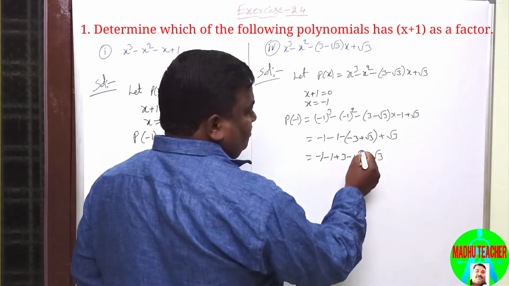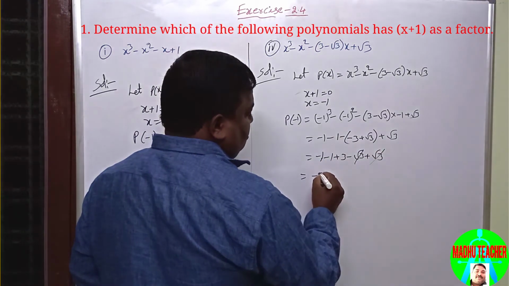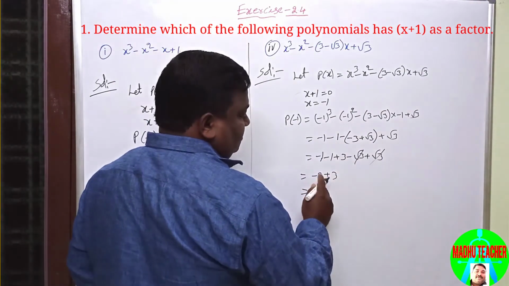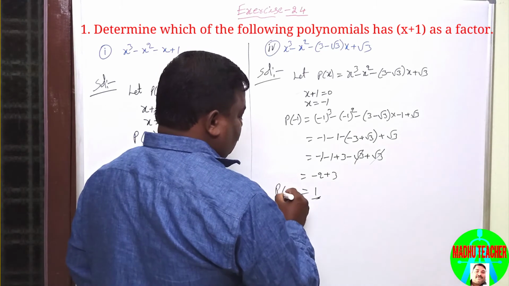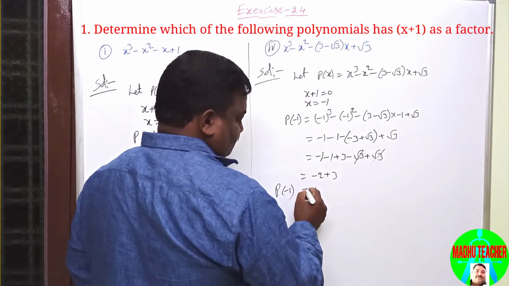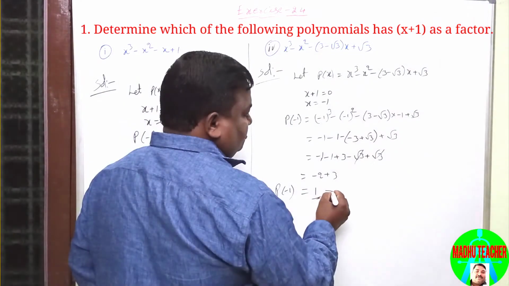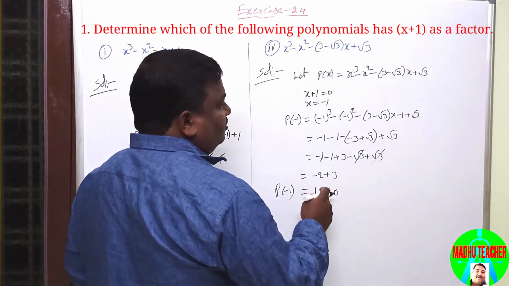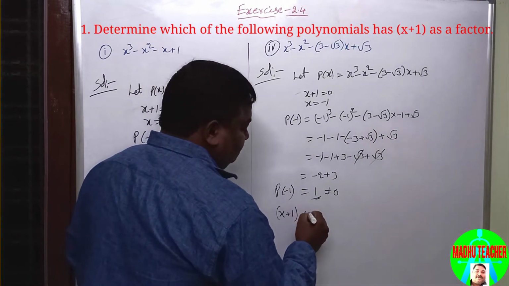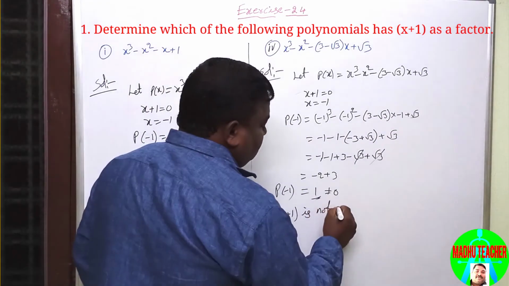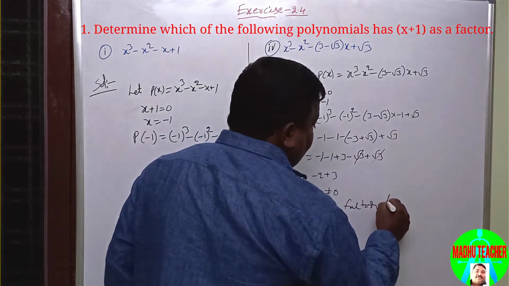So here minus root 3 plus root 3 get cancelled, minus 1 minus 2 plus 3. So different signs you have to subtract. 3 minus 2 is 1, that is p of minus 1 equal to 1. 1 is not equal to 0, it is not a 0. Therefore x plus 1 is not a factor of p of x.